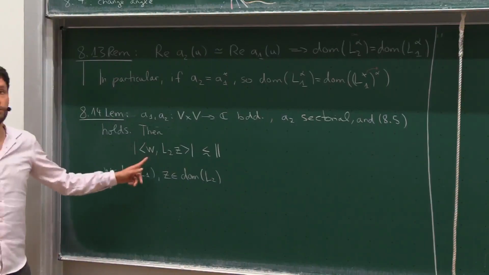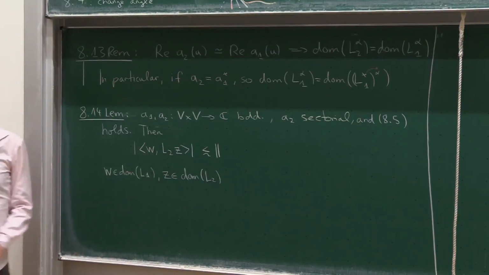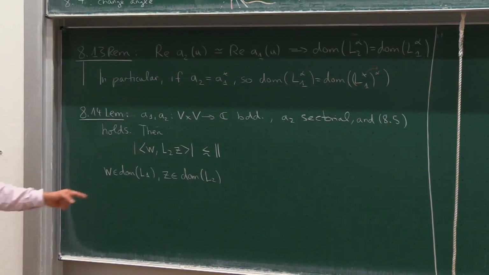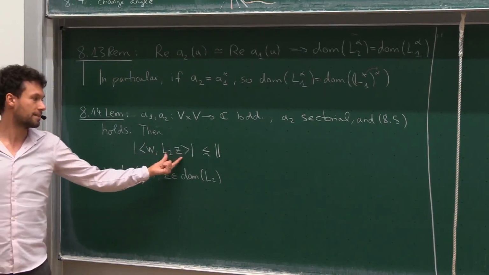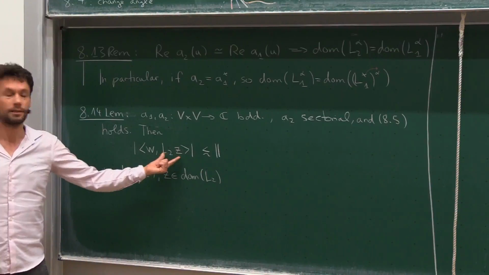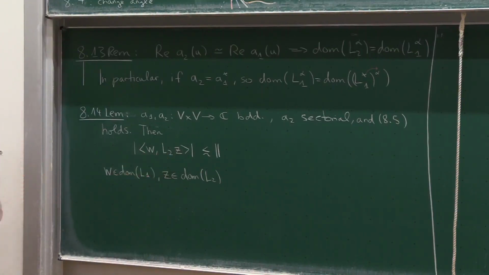Not just 2. I mean, two terms you could guess I could just do with Cauchy-Schwarz, but this is not what I want to do. I want to do something that produces more terms than Cauchy-Schwarz, because I want to use every single piece of information in the game. If I would just use Cauchy-Schwarz, I would use the fact that Z is in the domain of L2, but I would treat W just as any element from the Hilbert space. Right?